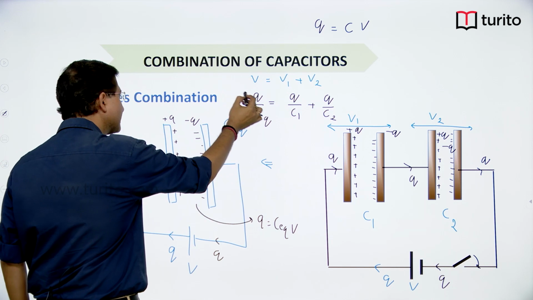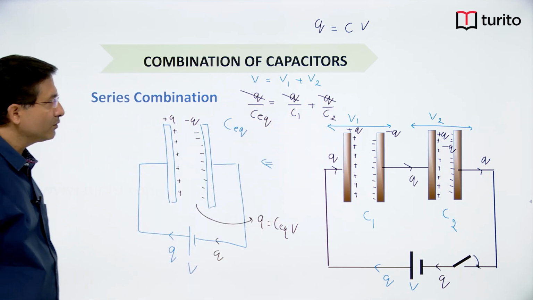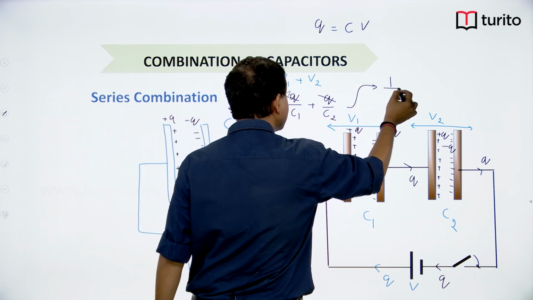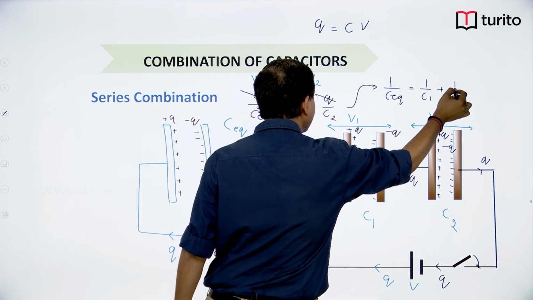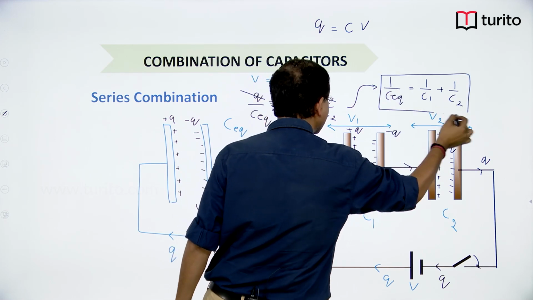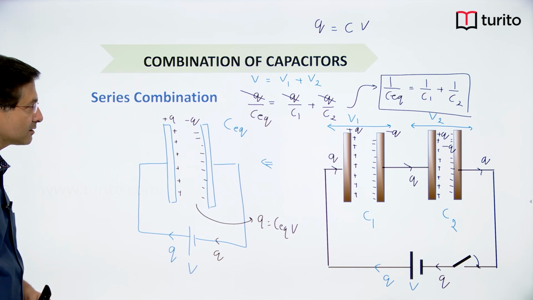As you can see, Q gets cancelled out, and what we are getting is that 1 upon C equivalent is equal to 1 upon C1 plus 1 upon C2. So, this is when capacitors are connected in series.